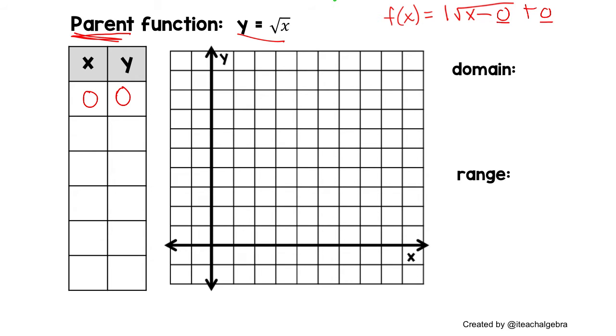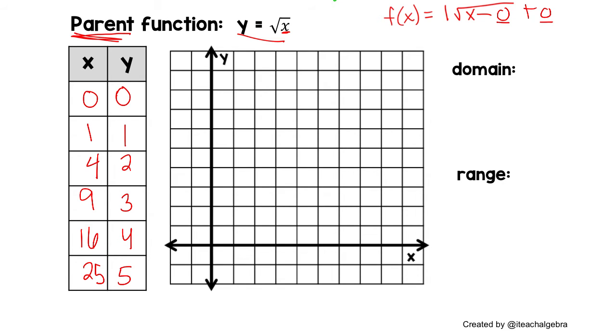So we only want perfect squares. The first 5 perfect squares are 1, 2 times 2 is 4, 3 times 3 is 9, 4 times 4 is 16, 5 times 5 is 25. Those are the x values, only perfect squares that we're going to plug in for x. The y value is just the square root, so just 1, 2, 3, 4, and 5.